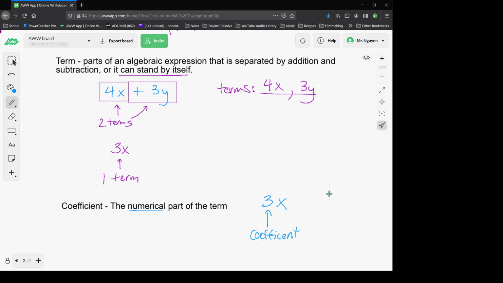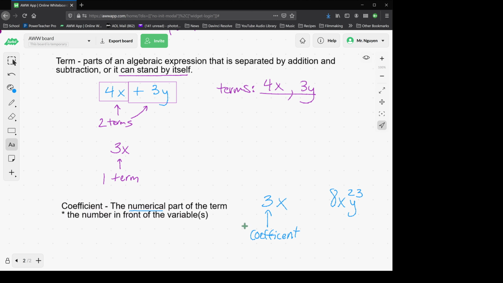Here, let me give you something that looks really complex, and I'm going to ask you to identify the coefficient. So I'm going to say 8 times x squared times y to the third power. That looks really difficult, right? But the coefficient is the numerical part of the term. It's usually in front. It's the number in front of the variables, whether one variable or many.